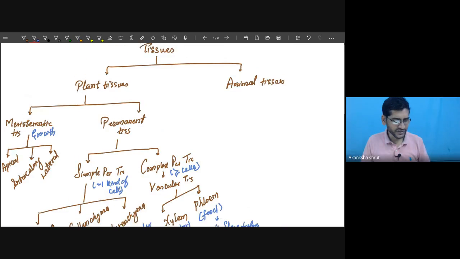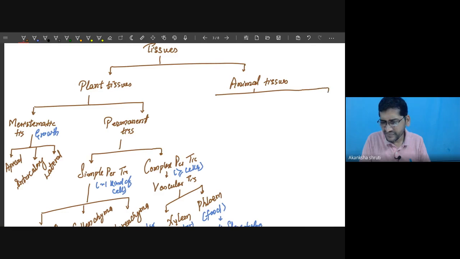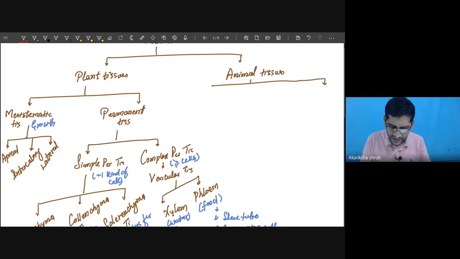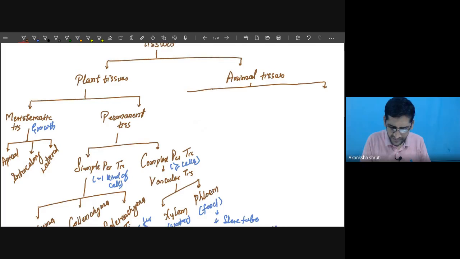Now let us come to the animal tissues. Like plant tissues, animal tissues are also of various types. But if we talk about the broader classification, broadly there are 4 kinds of animal tissue. First one is called epithelial tissue.